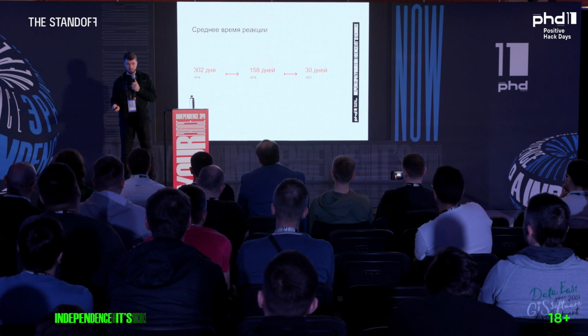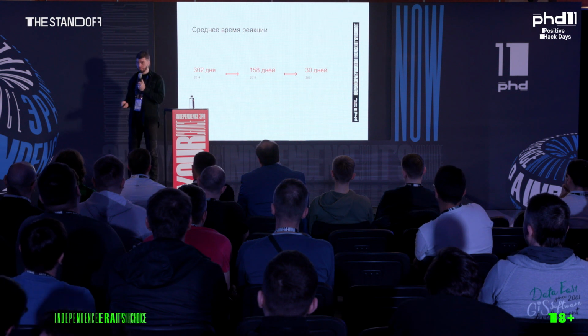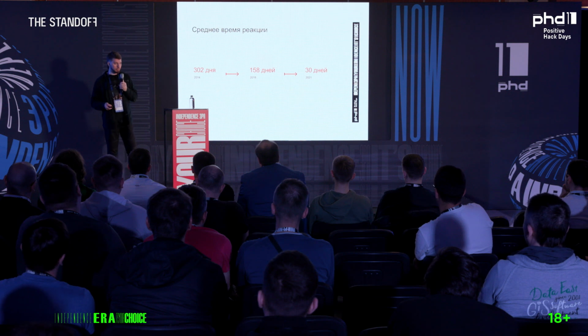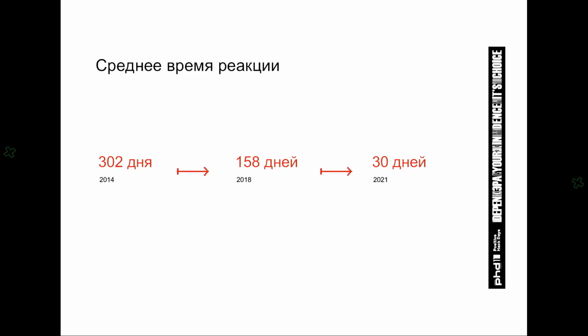I could see you were nodding your heads when I said that 10,000 packages in 6 days is fast. Well, indeed, it is fast. And this is something that is changing considerably in the market. 8 years ago, the time to respond to a vulnerability would be slightly more than 12 months.